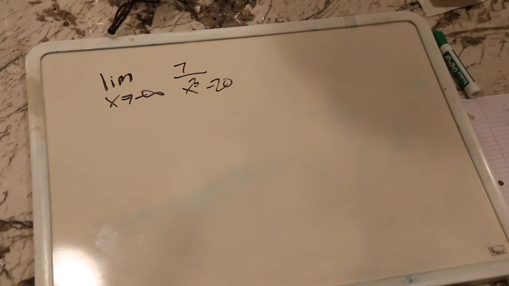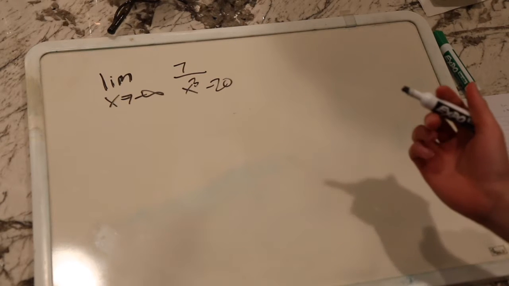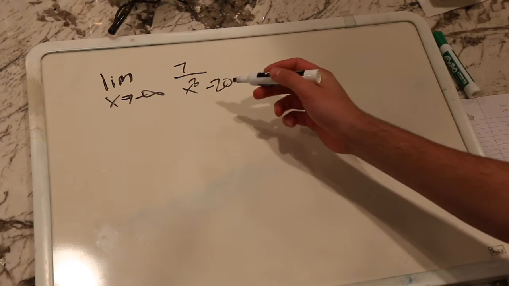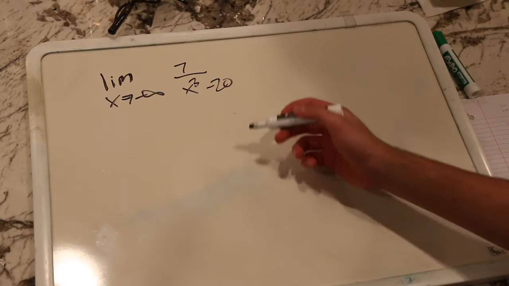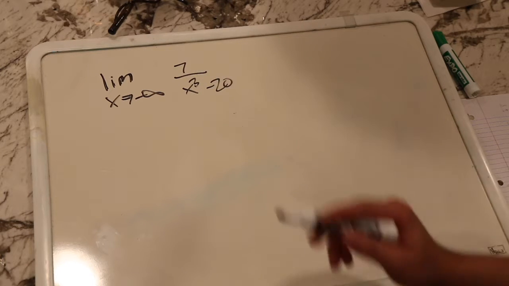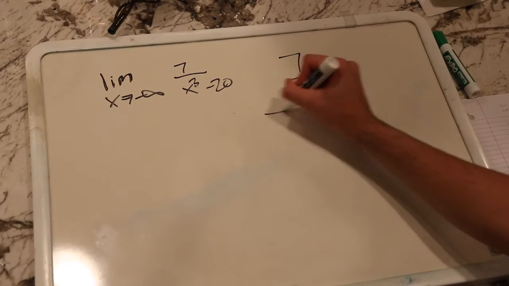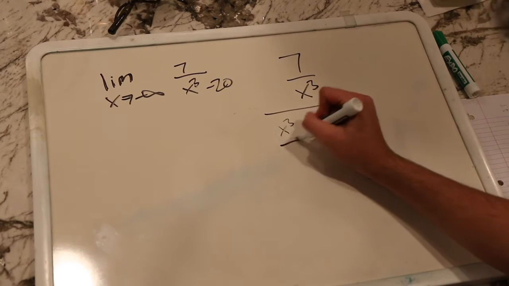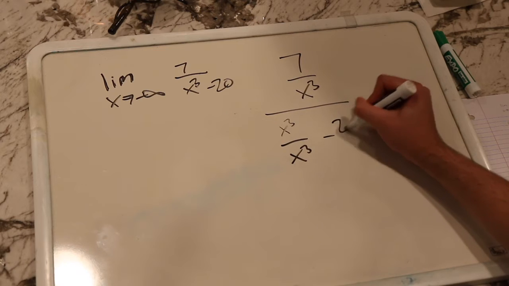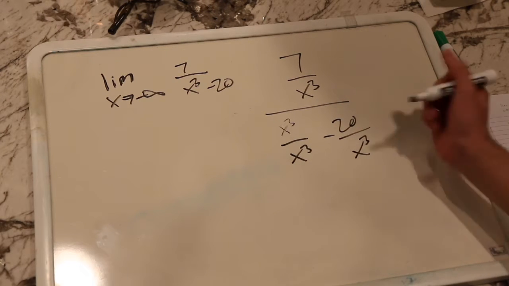Alright, so first we're going to start off by dividing everything by the largest degree in the denominator. So in this instance it'd be x cubed. So we're going to do 7 over x cubed divided by x cubed over x cubed minus 20 over x cubed.